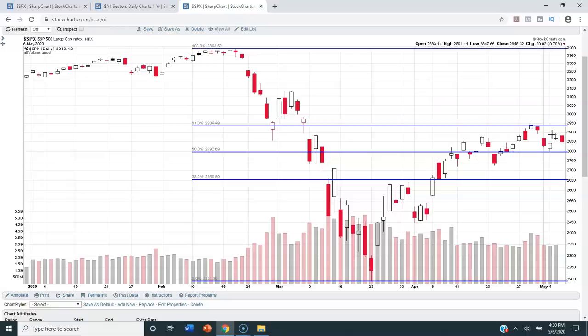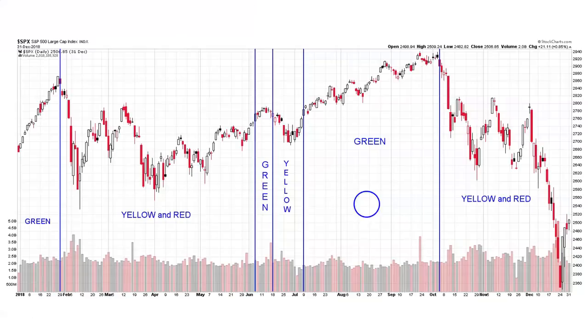We're going to need to see the breadth widen out. We're going to need to see participation from small caps and mid caps, and it would be great to see the international stocks start to perform better as well. So as I've been saying, be careful if you are long this market, and don't be overly confident that we're going to continue to go higher from here.